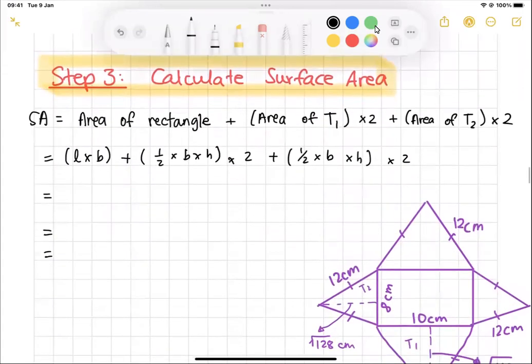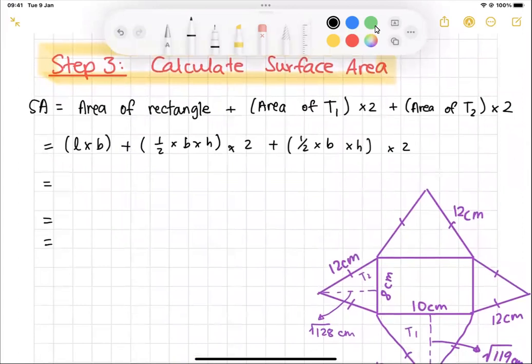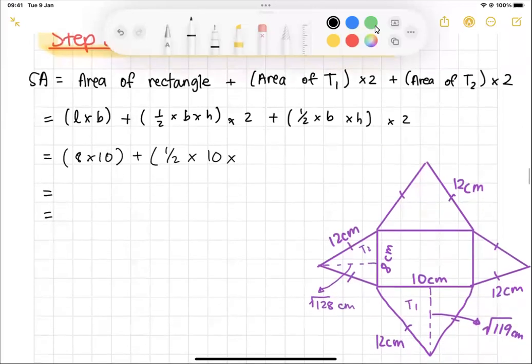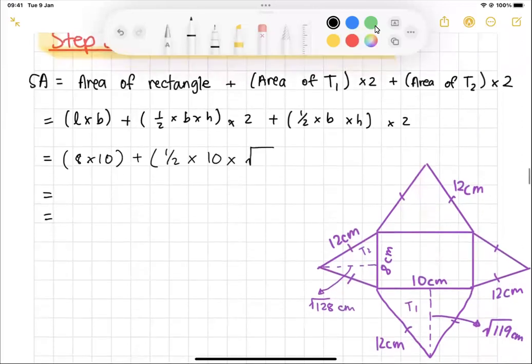Once we've gotten that one, step number 3, again, do the exact same thing. The length and breadth of the rectangle is 8 times 10, plus half times the base of T1, which is 10, times our height of T1, the square root of 119, times it by 2, plus half times 8 times the square root of 128, times it by 2.